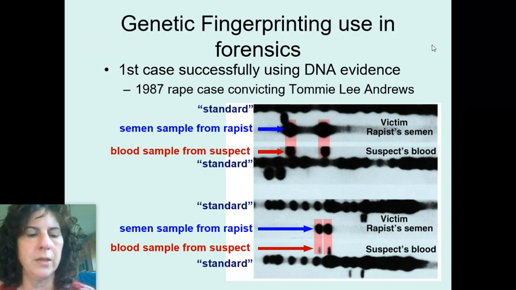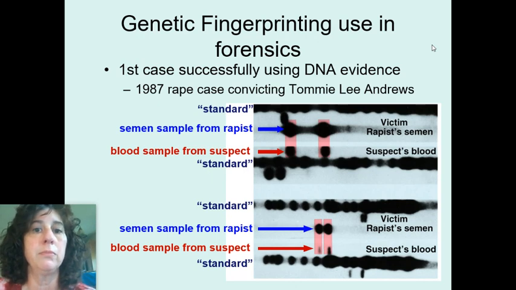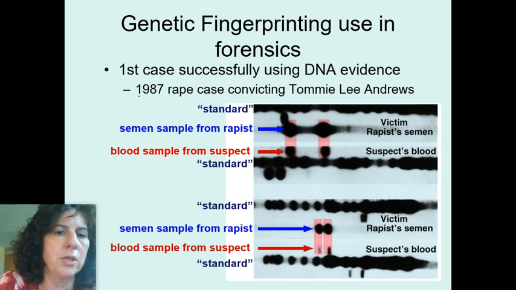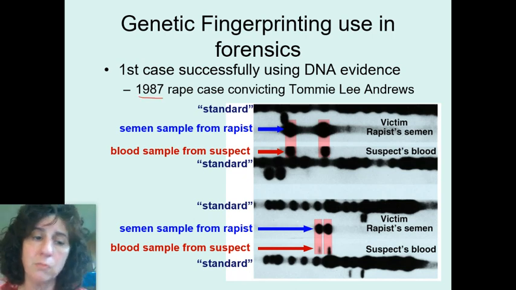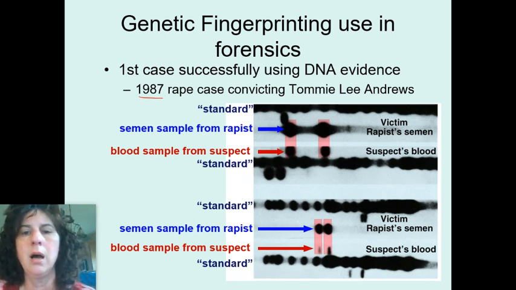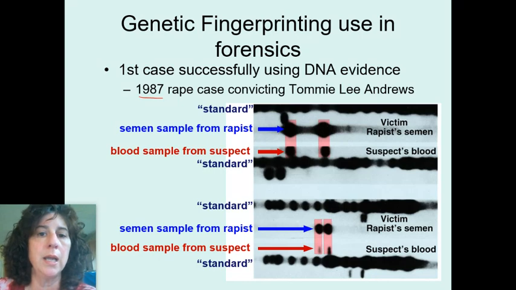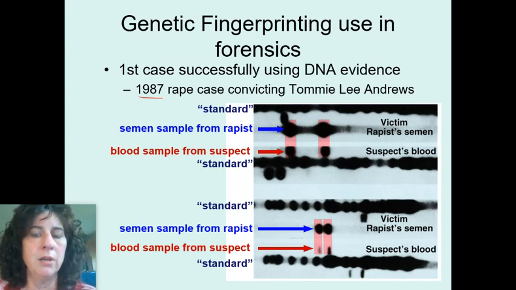But we've also found that it's been very useful in different cases that have occurred in finding criminals and stuff, people who've done the job. The first case was actually way back in 1987. We weren't really all that good at it at that point, but we had enough information that we could begin this process of actually looking at DNA and linking an individual by their DNA to something.